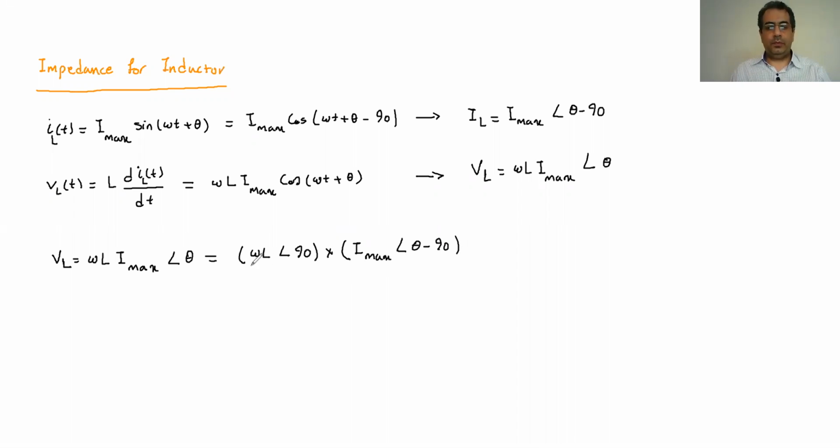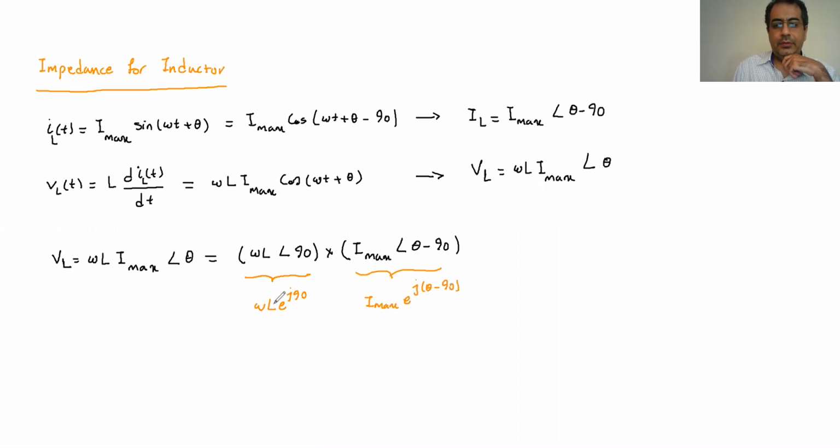Look at where these two terms come from. If I write this in the exponential format, you might see better. I can write this as omega L e to the power of j90, and this as I max e to the power of j theta minus 90.